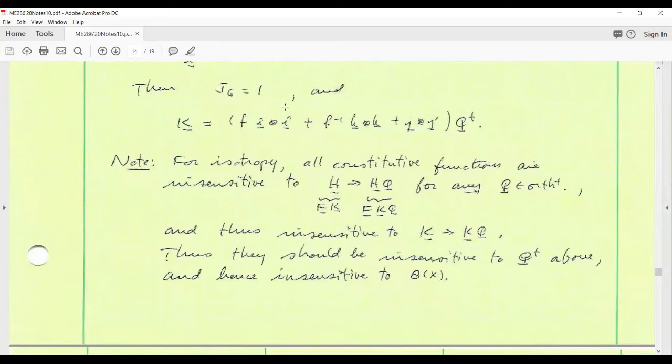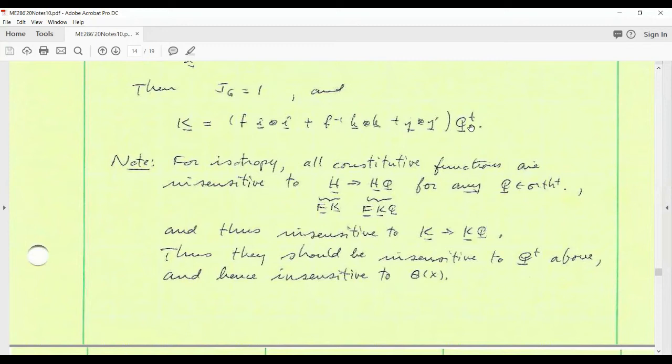By the way, at this stage, we can note that, remember, in the case of isotropy, which I'll confine attention to here, all constitutive functions, for example the strain energy, are insensitive to the replacement of H by HQ, where Q is any rotation whatsoever. And because H is FK, that's equivalent to replacing K by KQ, Q any rotation. So the constitutive functions for isotropy are insensitive to this replacement.